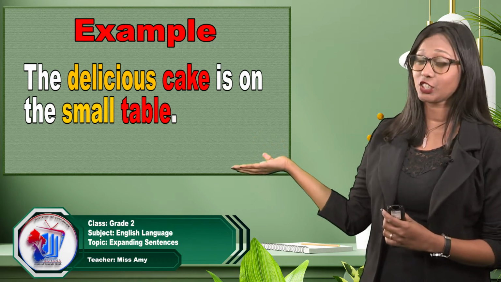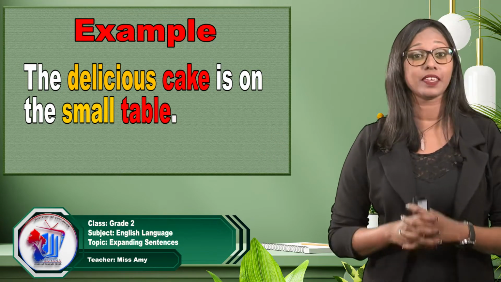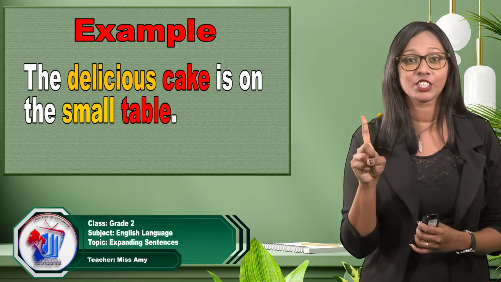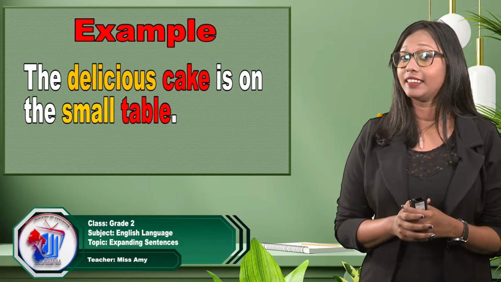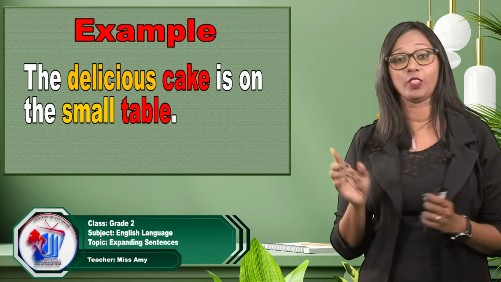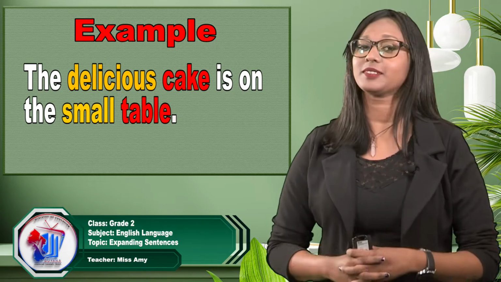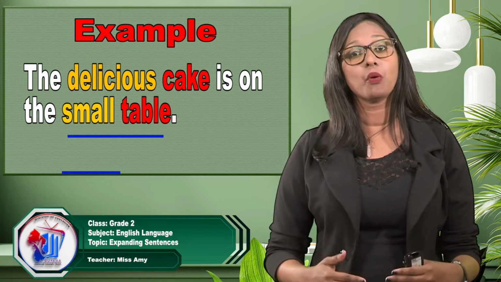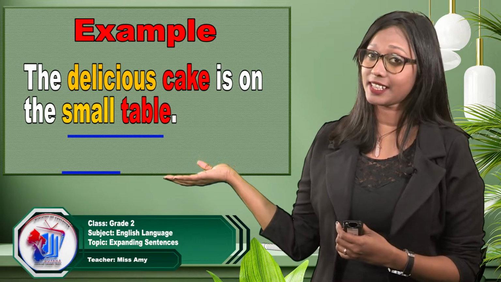If we add delicious to describe cake and small to describe table, now we know that the cake is a delicious cake. It's a yummy cake. It's very tasty. And the cake can be found on the small table. Not the big table, but the small table. So by adding adjectives in this sentence, we get more information about the subject of the sentence.